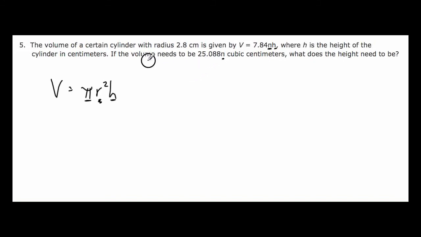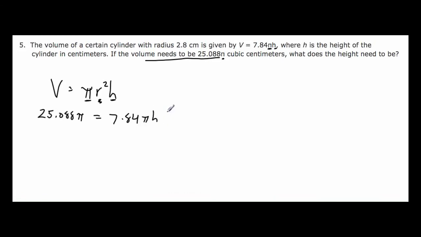They're telling us the volume right here, so that goes where the V is. Don't forget that they're including pi in it. Remember from our work on volume of cylinders, cones, and spheres, sometimes our answers include pi. So 25.088 pi equals 7.84 pi times the height.